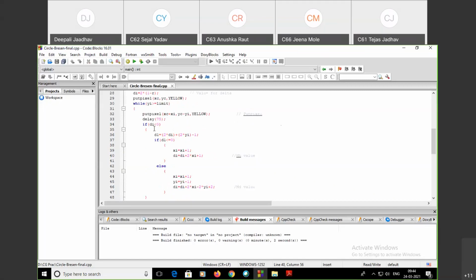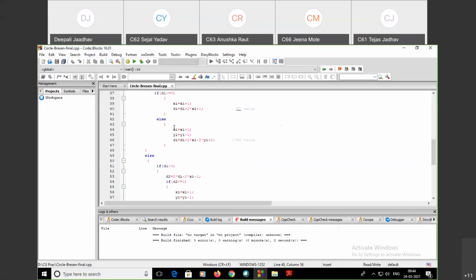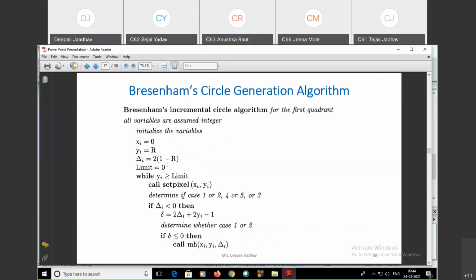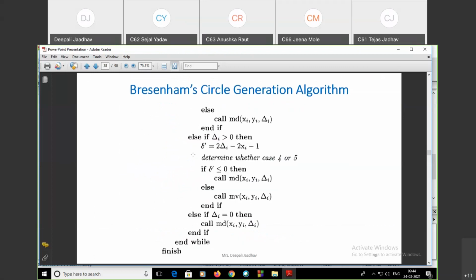Else, if delta I is greater than 0, then calculate delta 2. If delta 2 is less than or equal to 0, then diagonal. If delta 2 is greater than 0, vertical. As we use here, if this delta dash is less than 0, call diagonal.